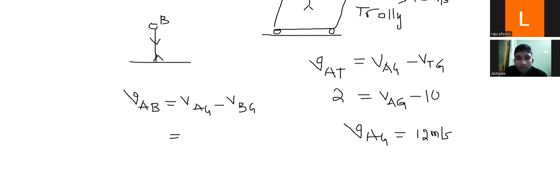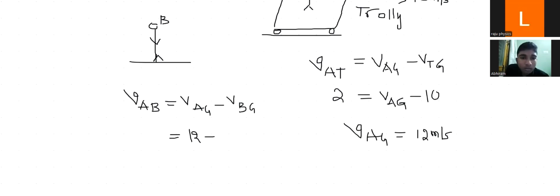So what is the velocity of A with respect to the ground? 12. What is the velocity of B with respect to the ground? 0. It doesn't move, he was just observing.